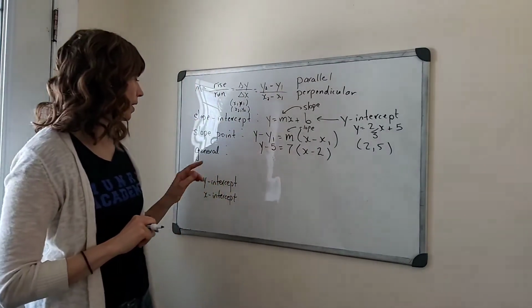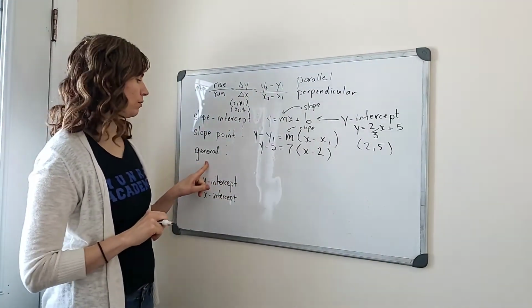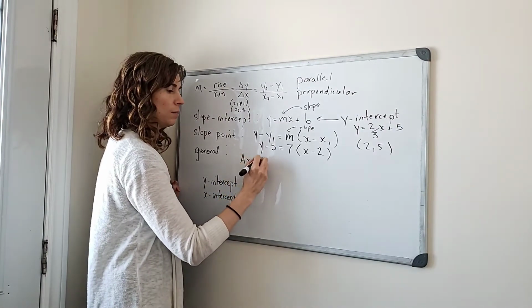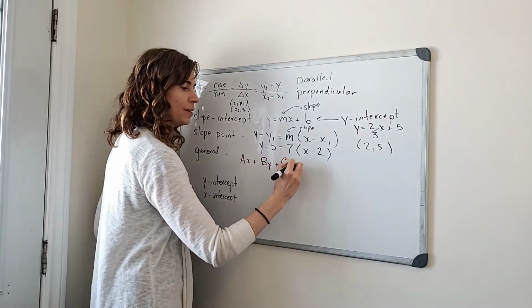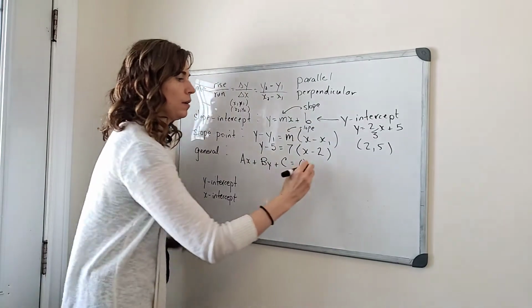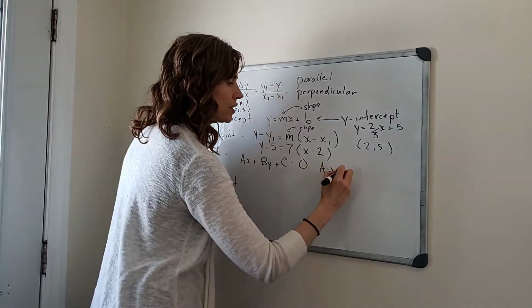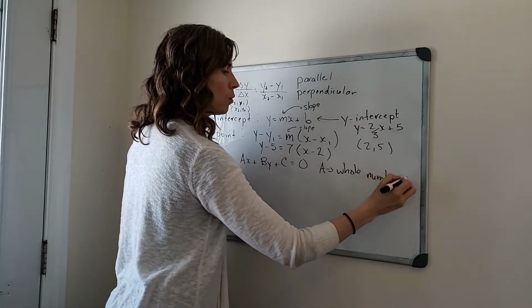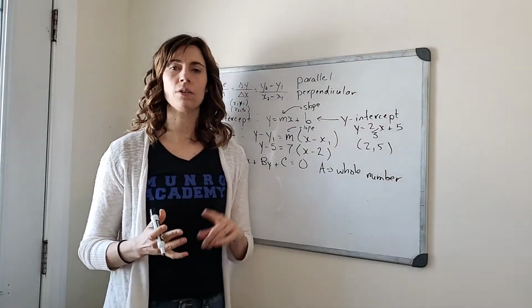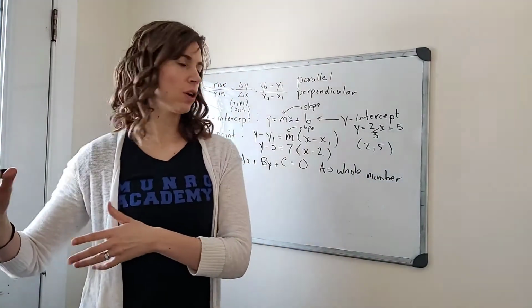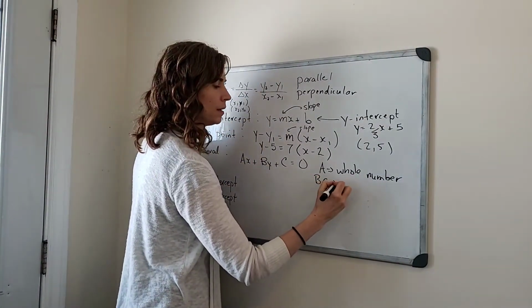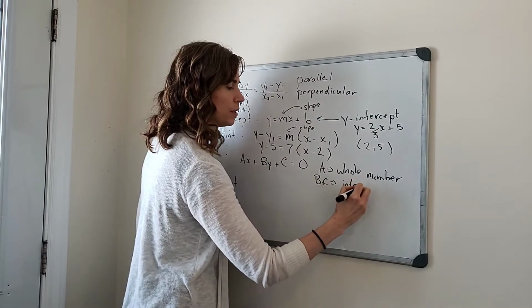The last form, our general form, looks like this: Ax plus By plus C equals 0. Where A has to be a whole number. Whole number means it could be 0, 1, 2, 3, 4, 5, and so on. And B and C need to be integers.